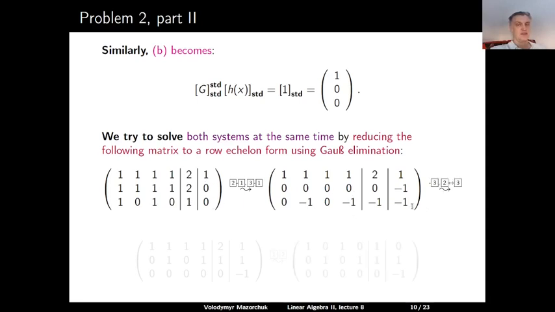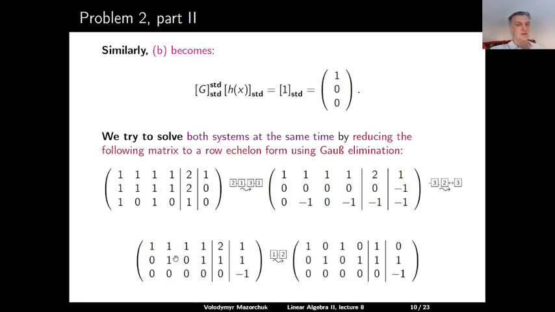So now we can change rows 2 and 3 and multiply this third row by minus 1. Row 1 remains the same. Row 2 becomes 0, 1, 0, 1, 1, 1, and row 3 becomes 0, 0, 0, 0, 0, minus 1.